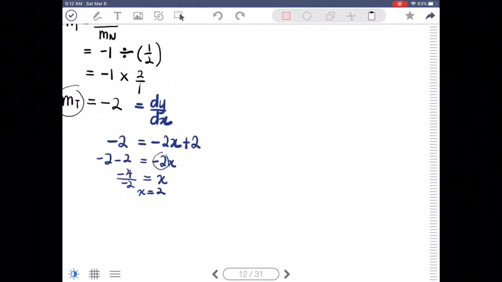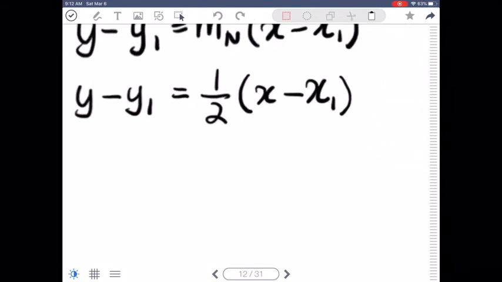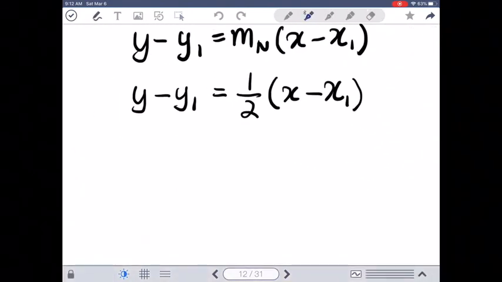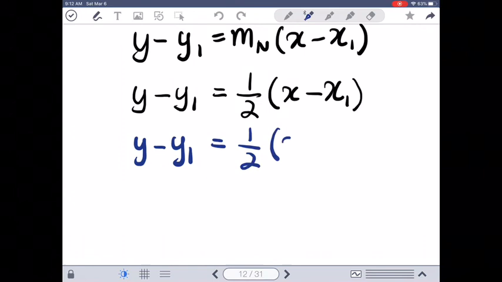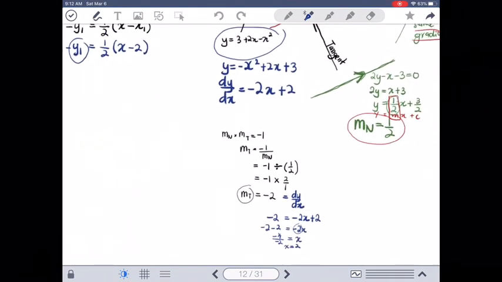So when we have x equals 2, now we can insert that: y minus y1 equals 1 over 2 times x minus 2. Now we need to find y1. How do you find y1?